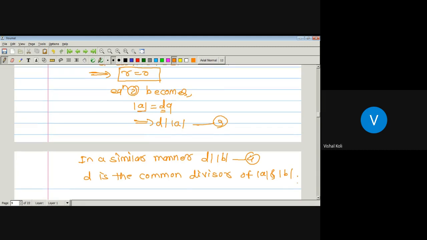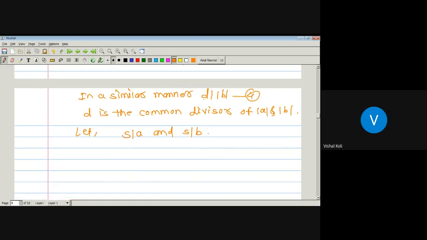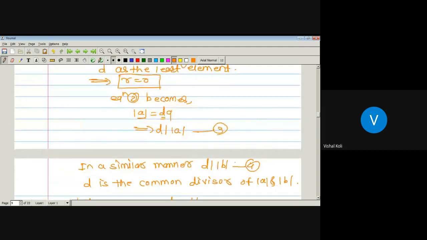Now let S be any other common divisor of A and B. As D divides modulus of A and D divides modulus of B, whenever it divides the modulus value, definitely D divides A and D divides B also.